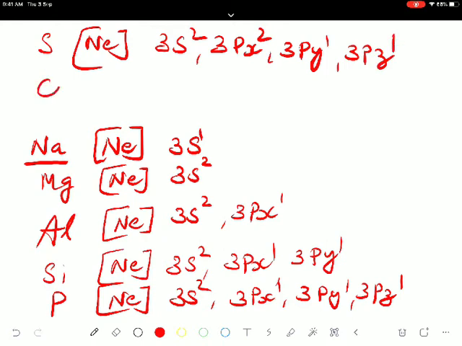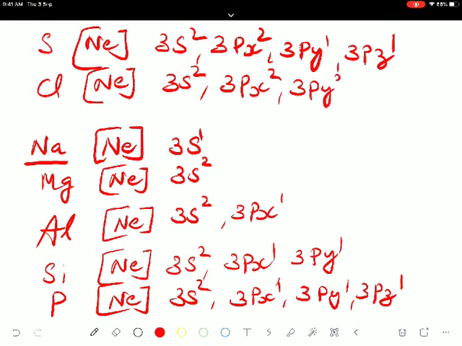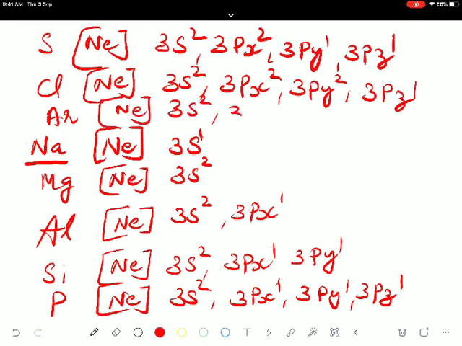Okay, next chlorine, neon, 3s2, 3px2, 3py2, 3pz1. Next argon, that is neon, 3s2, 3px2, 3py2 and 3pz2.